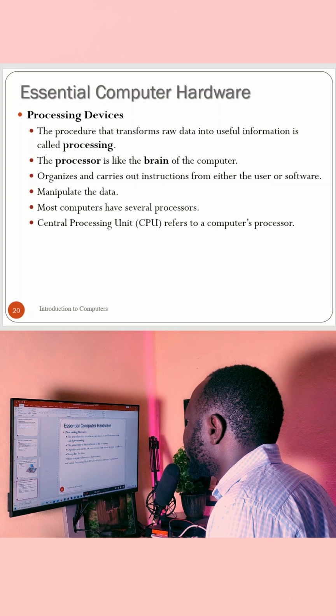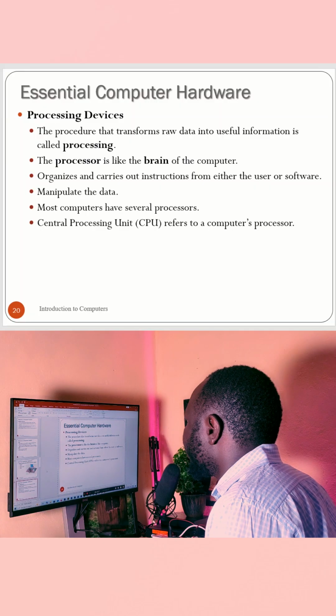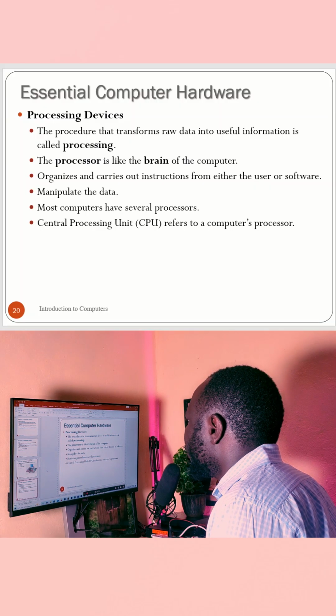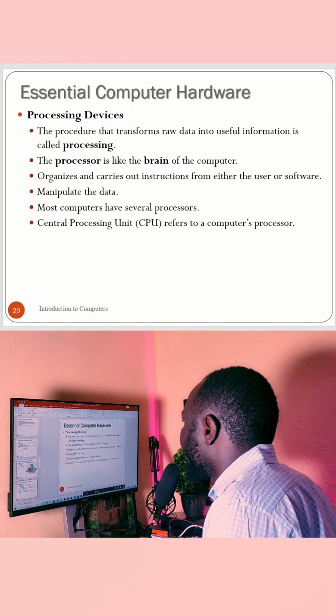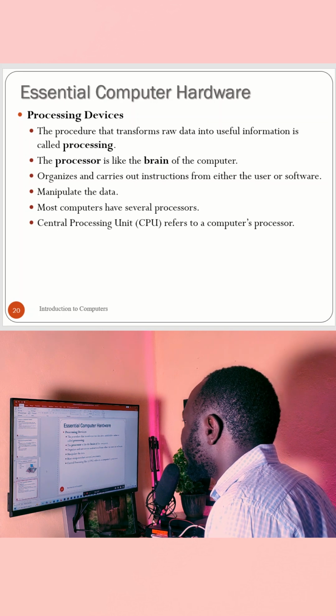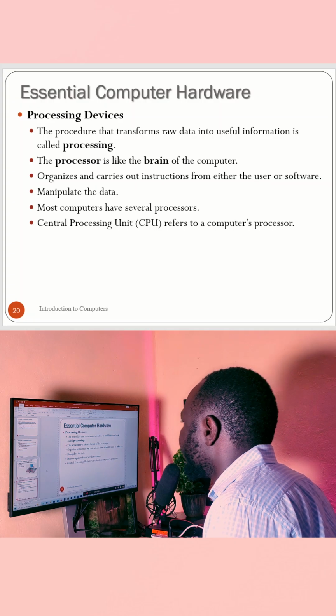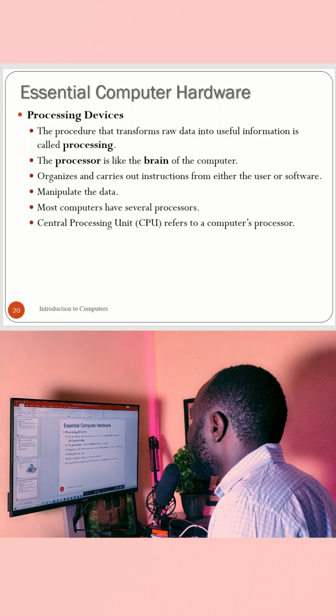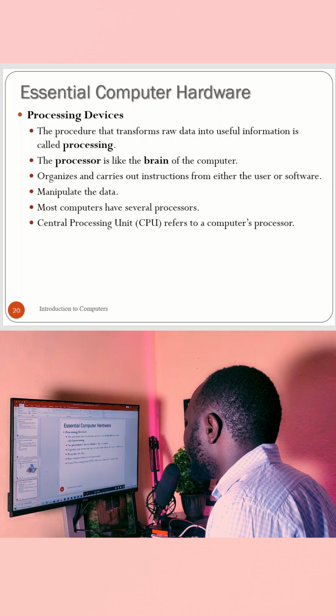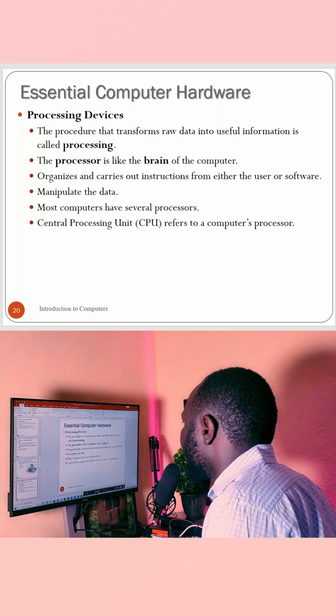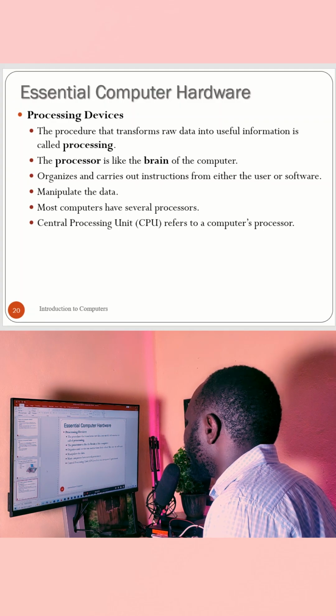Manipulates the data. Most computers have several processors. That's why you'll hear things like i3, dual core, i5, i7, and so on and so forth. Central processing unit is referred to as CPU. Sometimes it can also be called just computer processor or just processor.